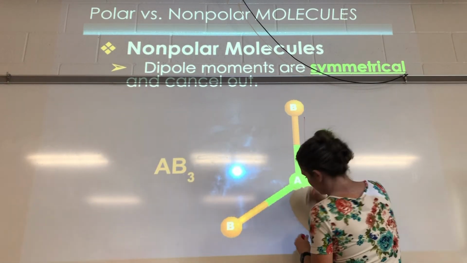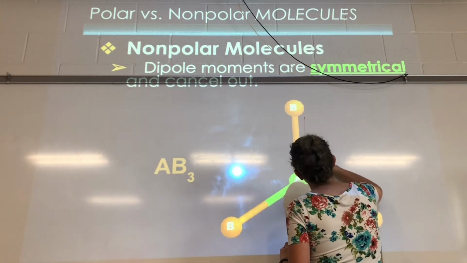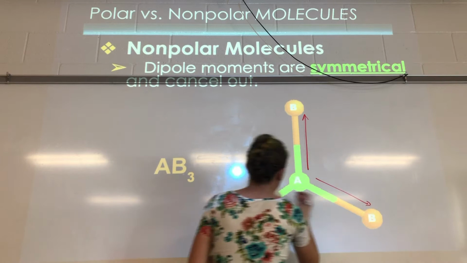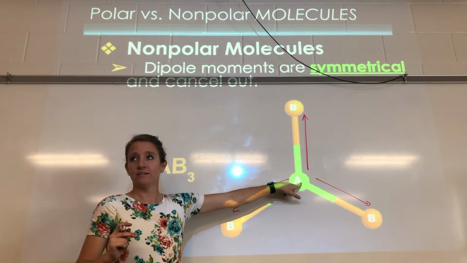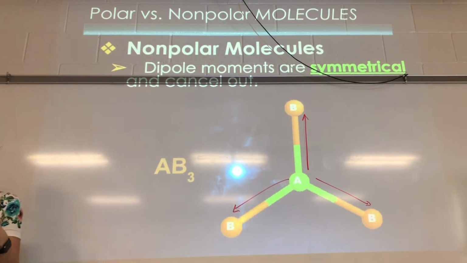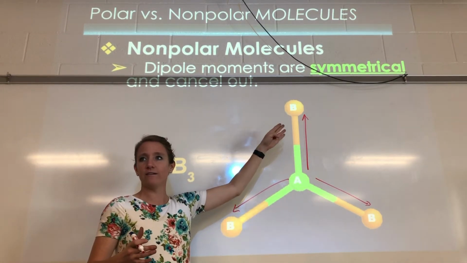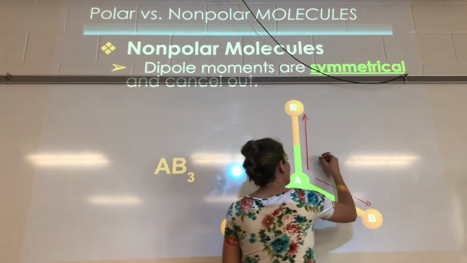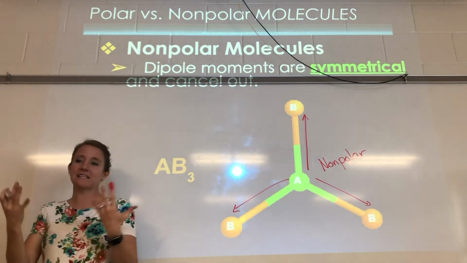So B is pulling in all directions on A. But since the shape is symmetrical, you could visualize it like a three-direction tug of war. Does A actually go anywhere if they're all the same pole? No. So this molecule would be classified as nonpolar because the tug of war gets canceled out.